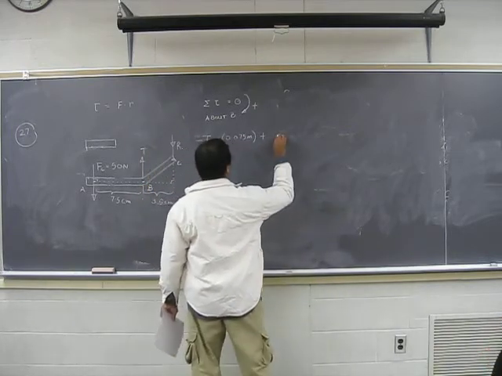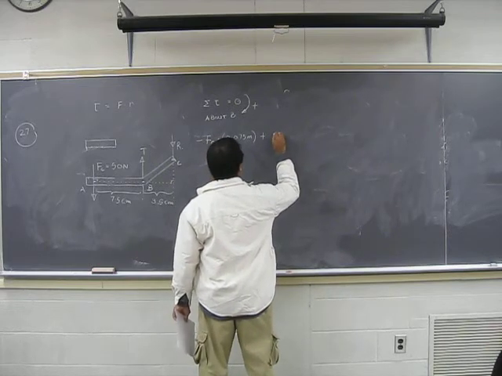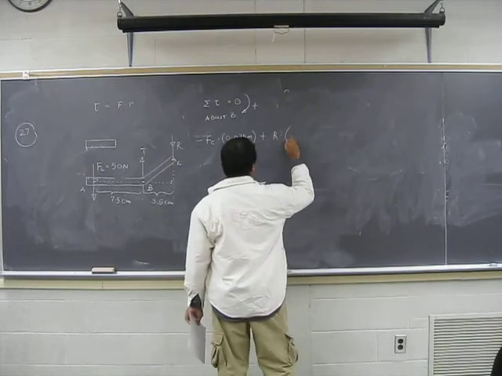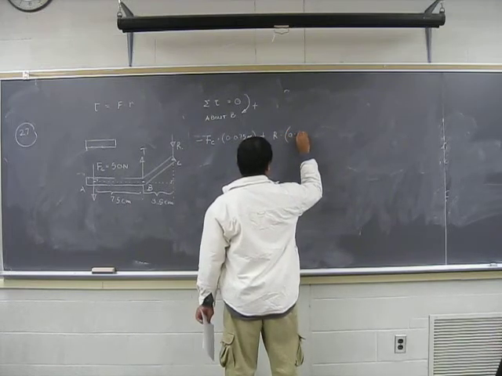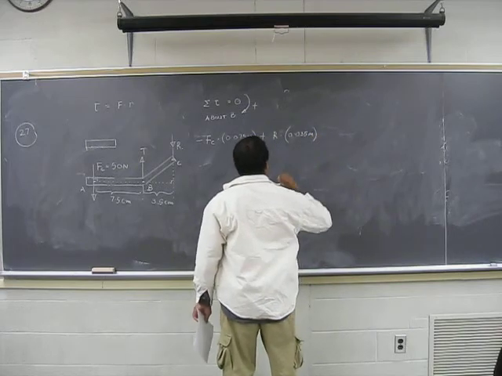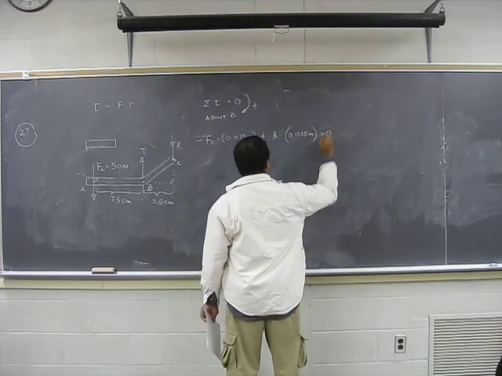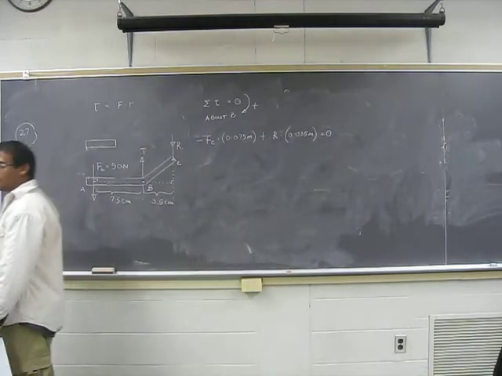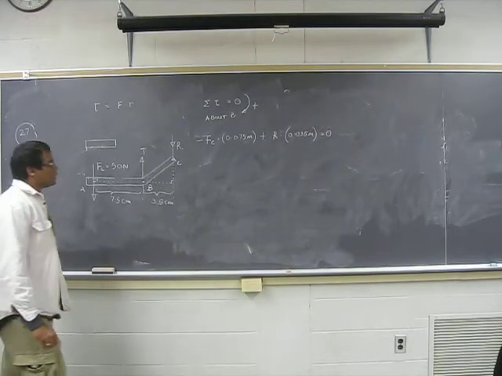So that means what? I have my force R times, again, I'm going to write this in meters directly. The sum is equal to 0. What's our unknown?